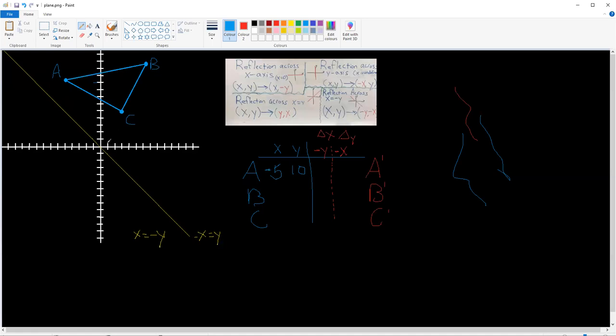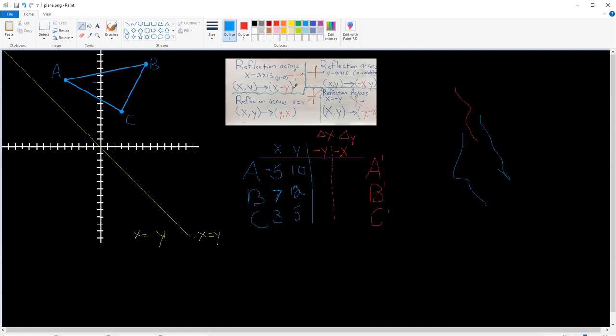Okay, my B value is 12 in the y direction, and 1, 2, 3, 4, 5, 6, 7, so 7 in the positive direction over. And then C is 3 over and 5 up.